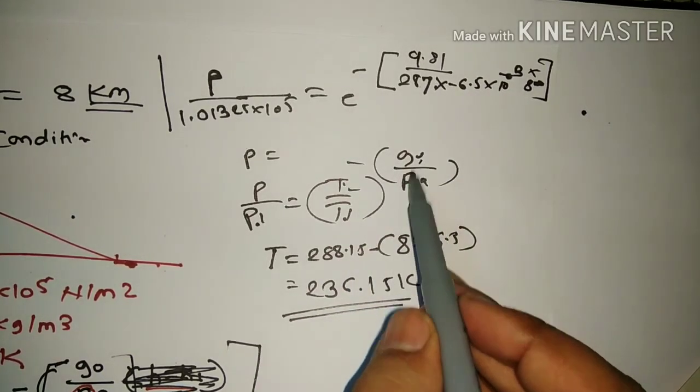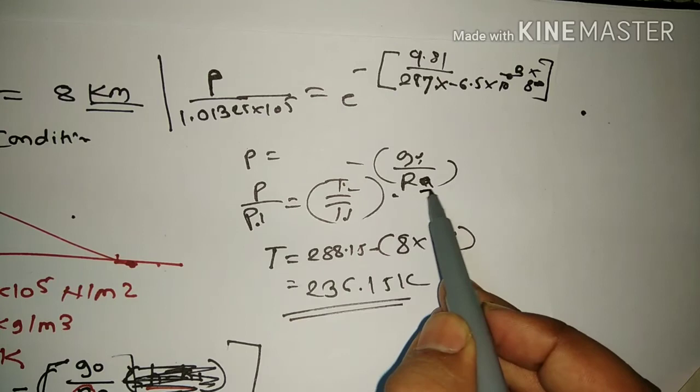We know the value of Geo, R is 287, and RA is 6.5 Kelvin.